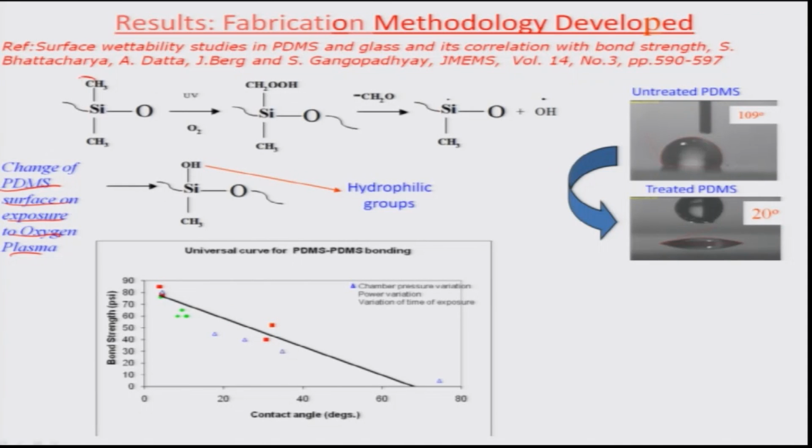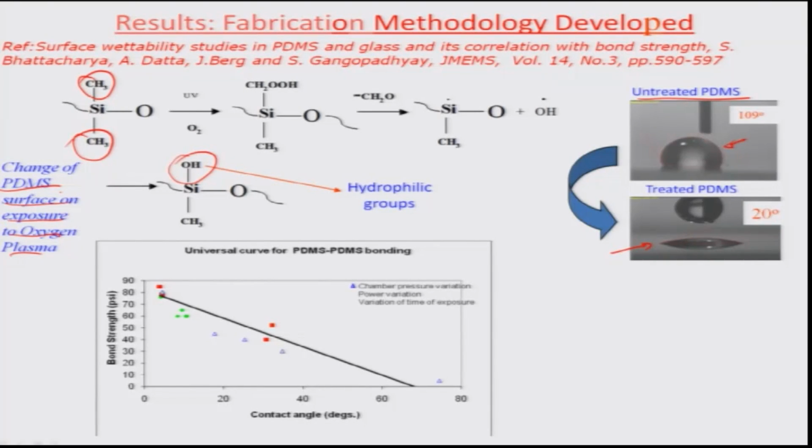So, there would be a conversion of the CH3 into OH of a polymer called PDMS, which we have been talking about in great detail in the earlier slides, and this would result in the formation of hydrophilic OH based surfaces. Before treatment, the PDMS surface has a contact angle of about 109 degrees because of the abundance of these non-polar CH3 groups on the surface.